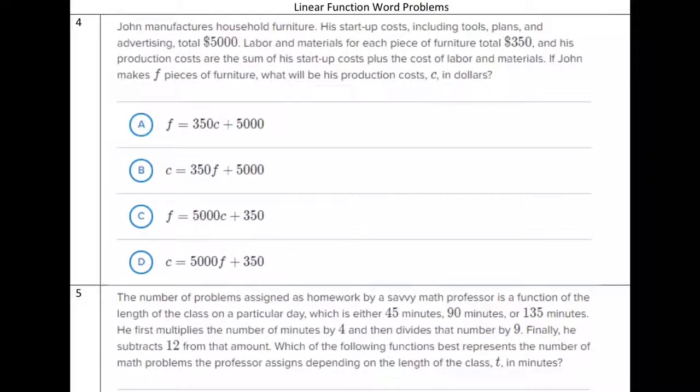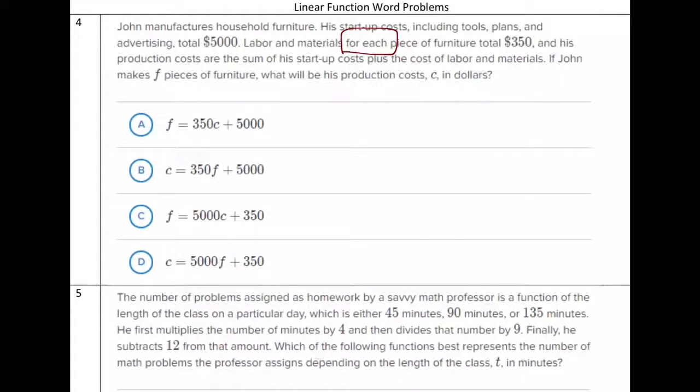Number 4. John manufactures household furniture. His startup costs, including tools, plans, and advertising, total $5,000. Labor and materials for each piece of furniture total $350, and his production costs are the sum of his startup costs plus the cost of labor and materials. If John makes F pieces of furniture, what will his production costs be in dollars? So "for each" is the key word here.